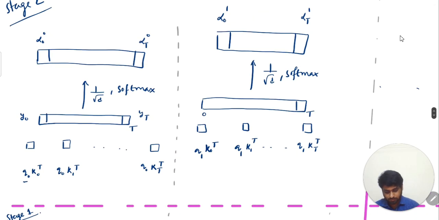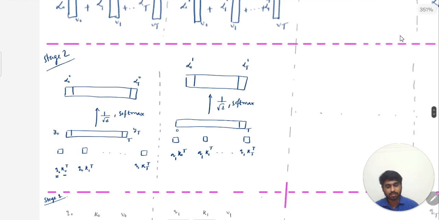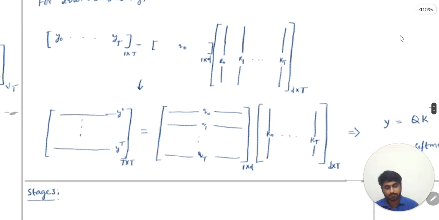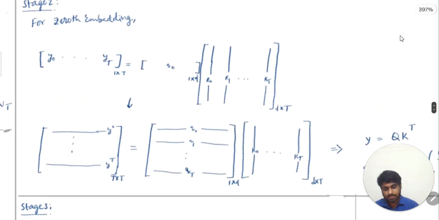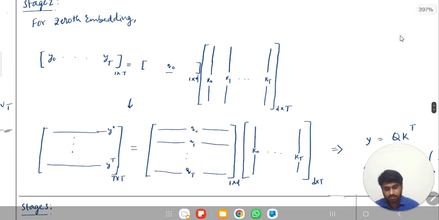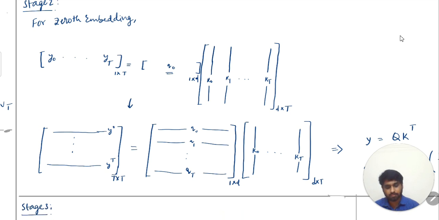If you see here, for calculating weights, what we do is the dot product between queries and keys. For the 0th embedding, we are dot producting Q0 with all the available keys. Let us see how that is happening as a matrix multiplication. Take the Q0, take all the keys.